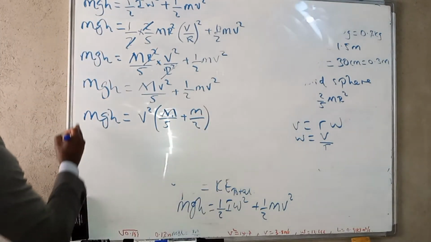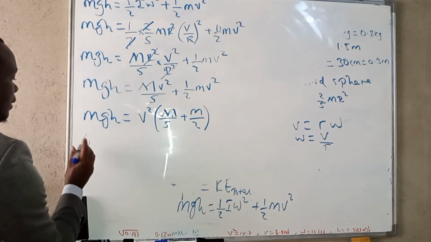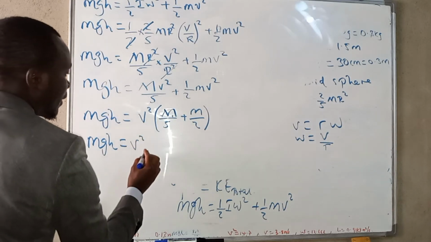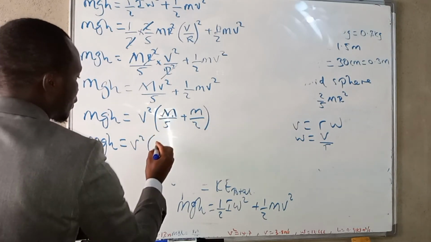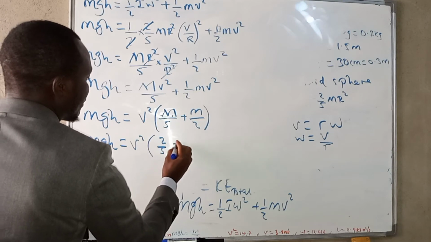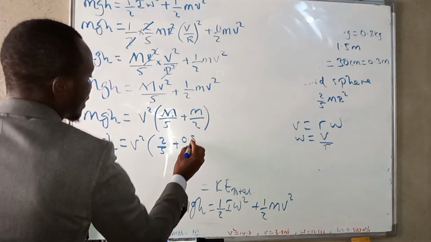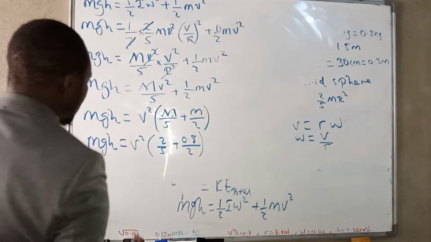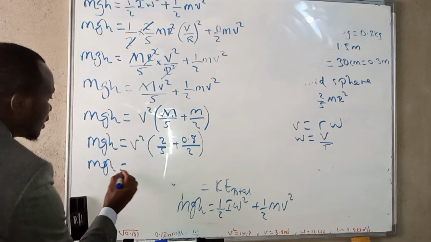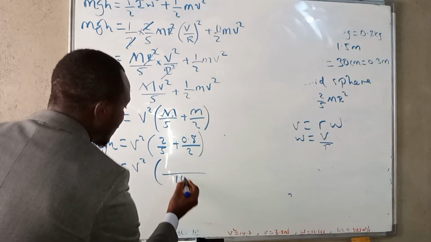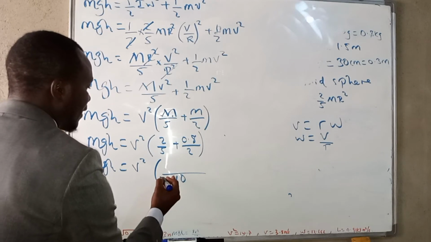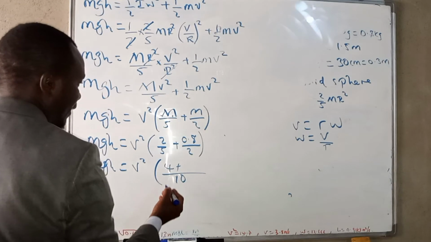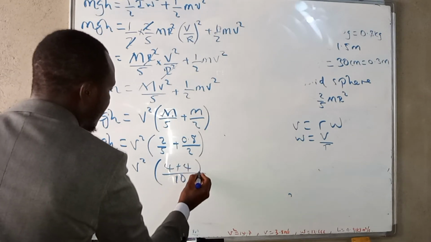Putting in the values, mgh is equal to v squared times 2 over 5 plus 0.8 over 2, the mass of the falling mass over 2. The common denominator here is 10: 2 times 2 is 4, plus 5 times 0.8 is 4.